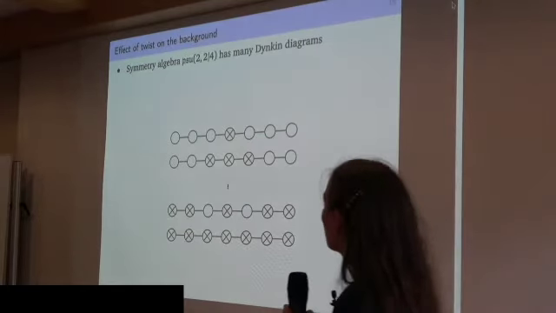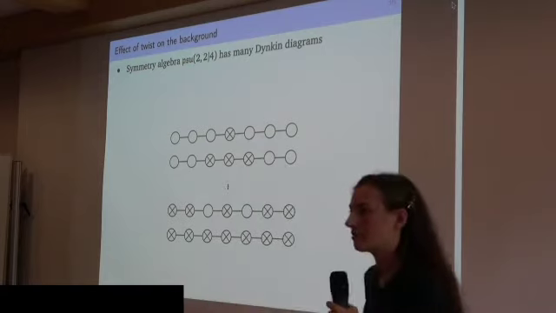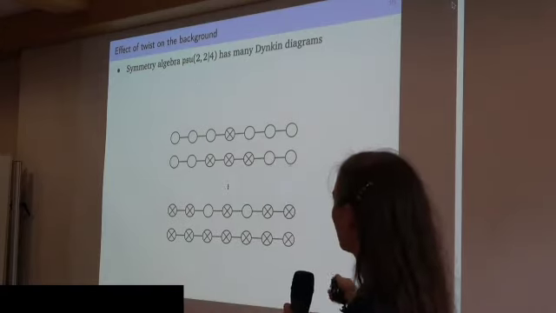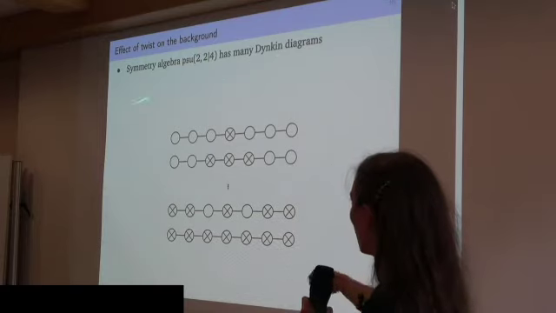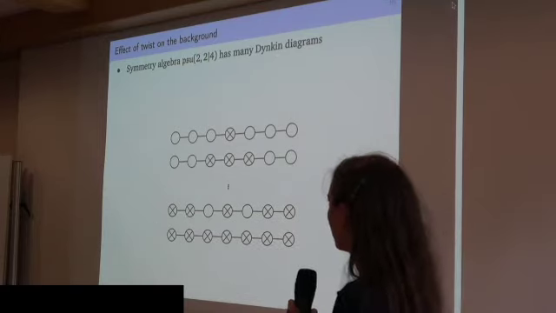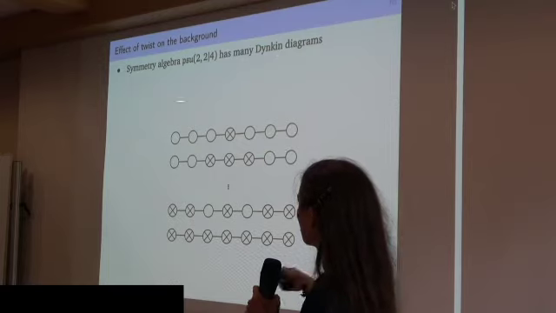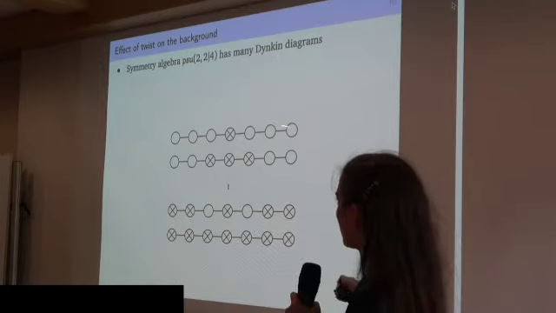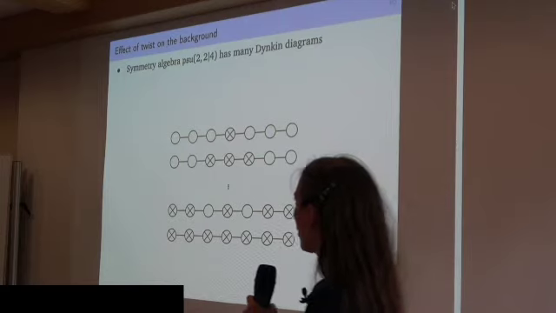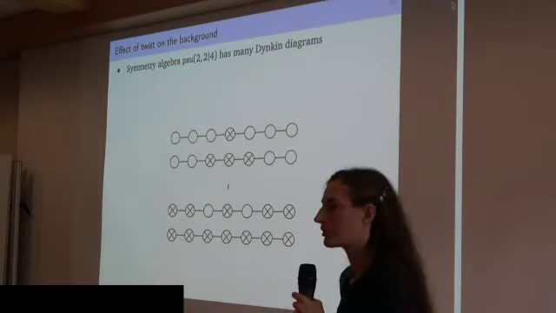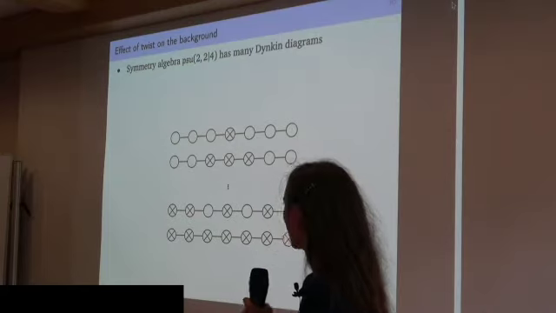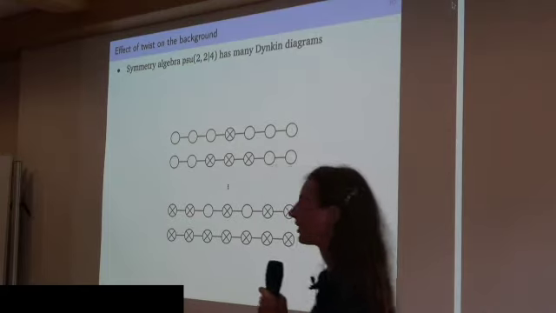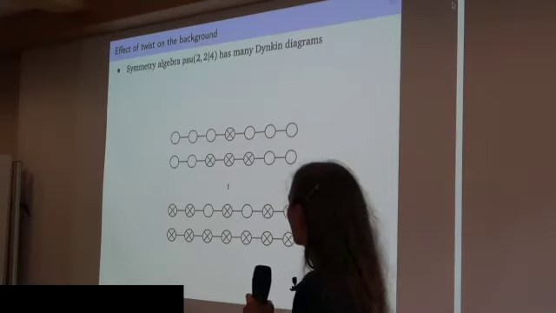psu(2,2|4) has many inequivalent Cartan-Weyl bases that are characterized by the different Dynkin diagrams. So you have many different possibilities, among which the distinguished Dynkin diagram that we already encountered before, because it has the maximal number of bosonic simple roots, and in this case you also have the fully fermionic Dynkin diagram, and then many other Dynkin diagrams.